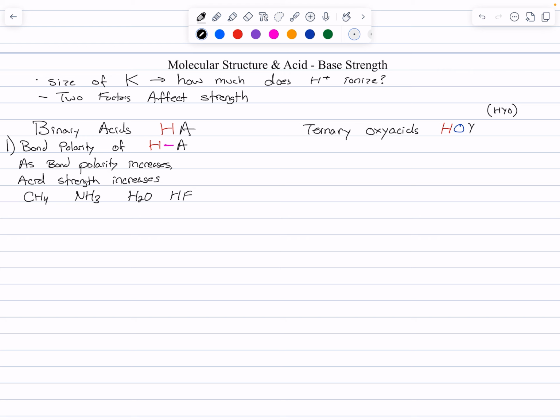And so we go from not polar to very polar. Okay, and of course we are acidic here. We are slightly acidic. And then we are not acidic here. Right? So as we get more polar, we're more likely to be an acid.